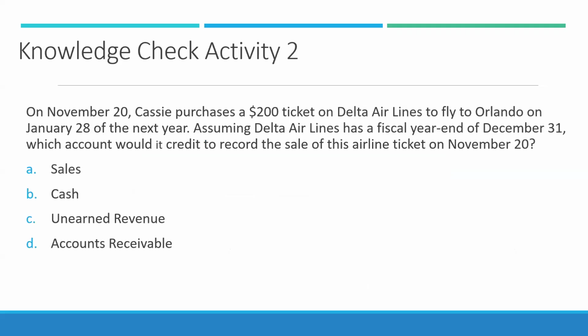How about this one, guys? On November 20th, Cassie purchases a $200 ticket on Delta Airlines to fly to Orlando on January 28th of the next year. Assuming Delta Airlines has a fiscal year of December 31st, which account would it credit to record the sale of this airline ticket on November 20th?